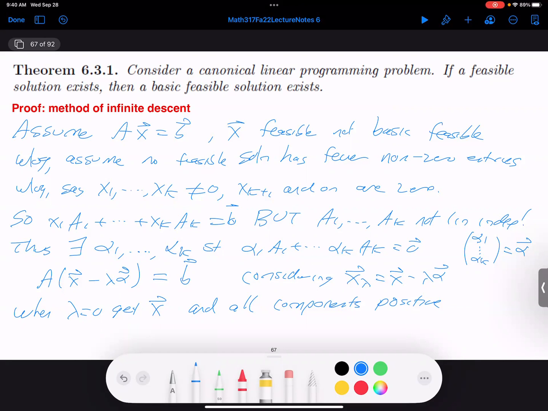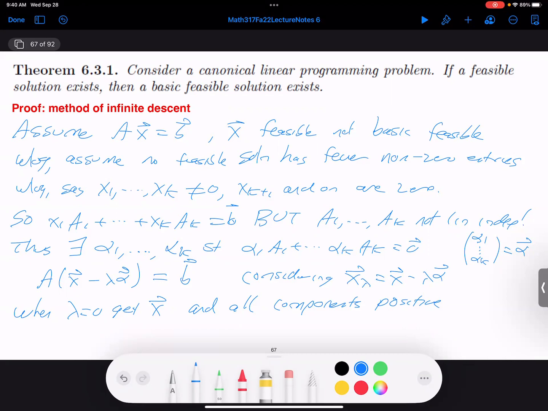Maybe for the first component, it's lambda equals 5. For the second component, maybe it's lambda equals -2. For the third component, it's lambda equals 5. The next one, maybe it's lambda equals pi. So for each component, there's a value of lambda that first makes that difference equal to 0. And then take the smallest lambda in absolute value among these, and use that lambda.